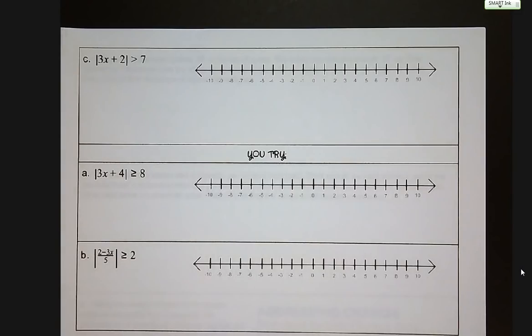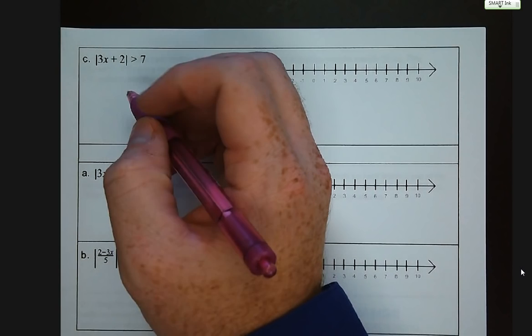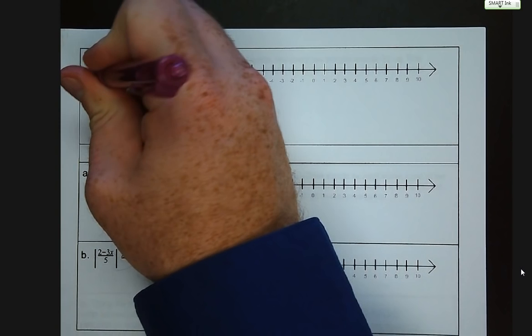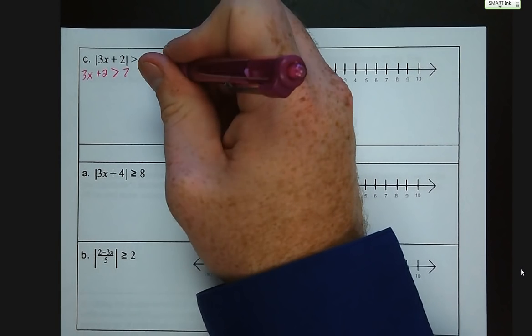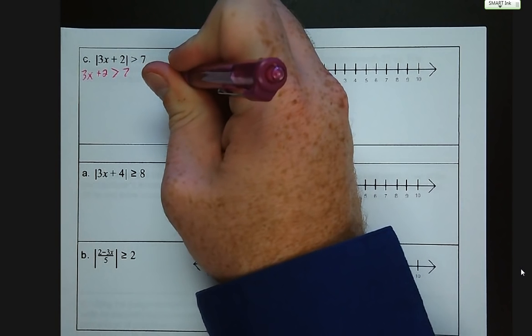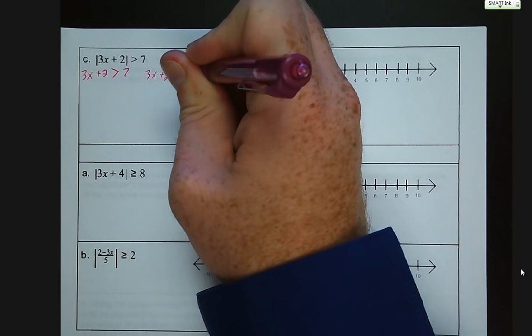Letter C, we have the absolute value of 3x plus 2 is greater than 7. So we start with our absolute value isolated. So we need to split it into our two pieces. 3x plus 2 is greater than 7. And 3x plus 2 is less than negative 7.